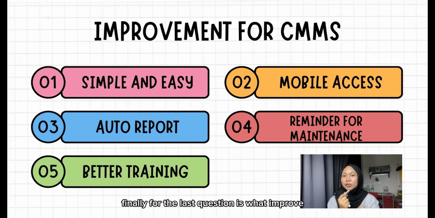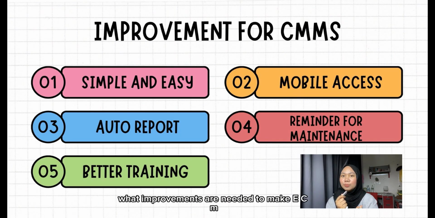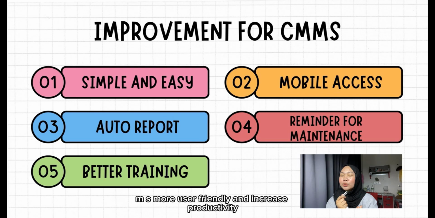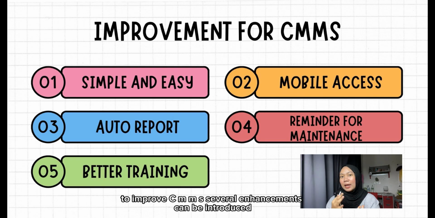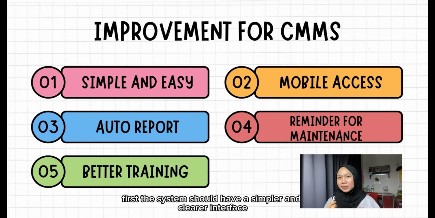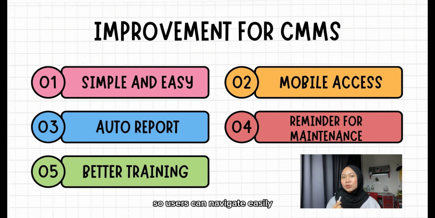Finally, the last question is, what improvements are needed to make CMMS more user-friendly and increase productivity? To improve CMMS, several enhancements can be introduced. First, the system should have a simpler and clearer interface so users can navigate easily.